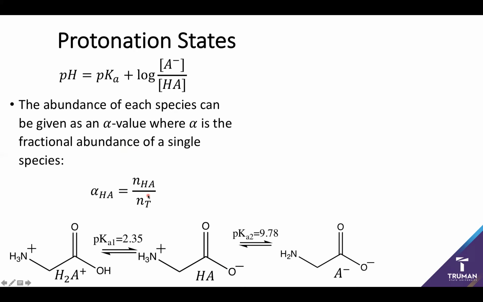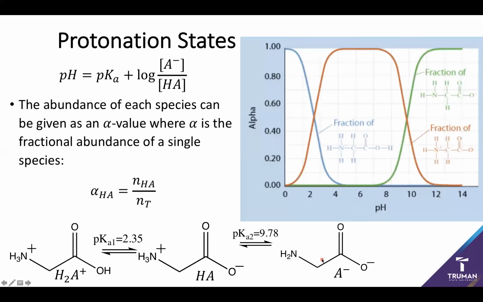So if I care about the alpha value for my amphiprotic glycine, this will be the number of moles of the monoprotonated glycine versus the total moles of the fully protonated, mono, and fully deprotonated states. So if you can imagine, when we're at a neutral pH, I expect it to mostly be HA. At low pHs, mostly fully protonated, and at high pHs, mostly fully deprotonated. And you can end up generating what are called alpha plots. And this is exactly what you tend to see.